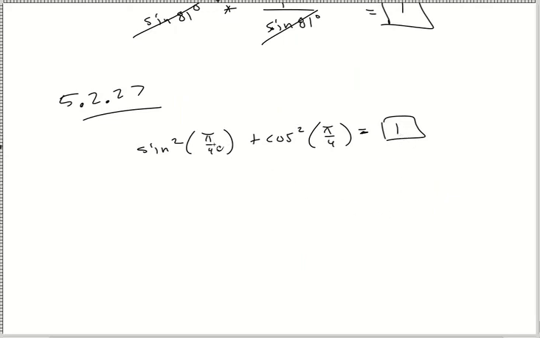You're done. Doesn't matter what angle it is. I mean, that's 45 degrees is what that is. But regardless, sine squared plus cosine squared, it's 1. I even have a note in my notes saying, go back in the notes to the previous problem, that is. I just thought that would be funny.